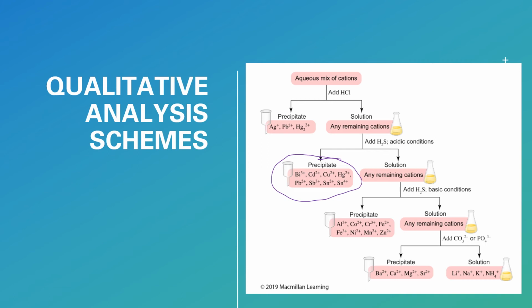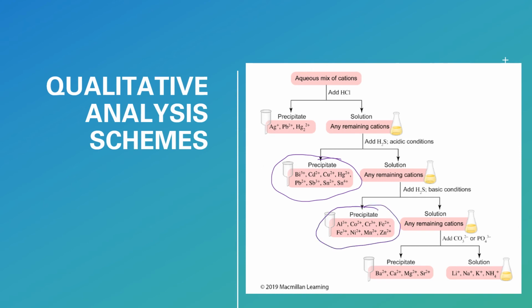And then there's a whole bunch of steps that you go through to try to separate those ions from each other. And then for anything that was left in your supernatant, you try adding some more H2S, but then making the conditions basic. And at basic pHs, you get a whole bunch of other stuff precipitating out.